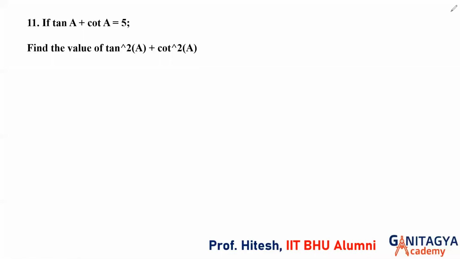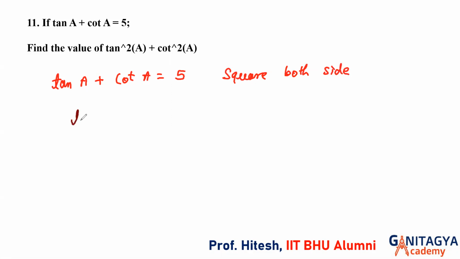For this, we will just square both sides. We have tan a plus cot a is equal to 5. Squaring both sides, tan a plus cot a, its square, is equal to 5 square.